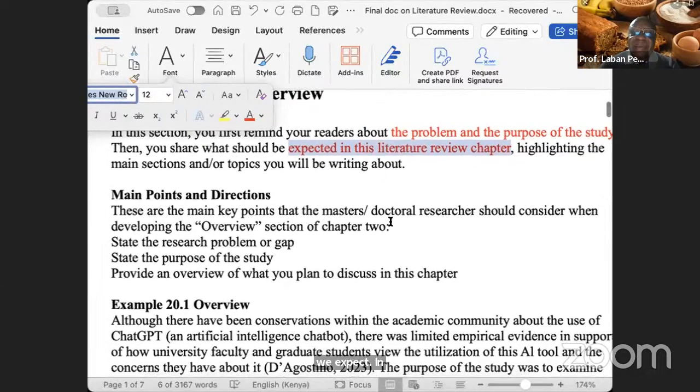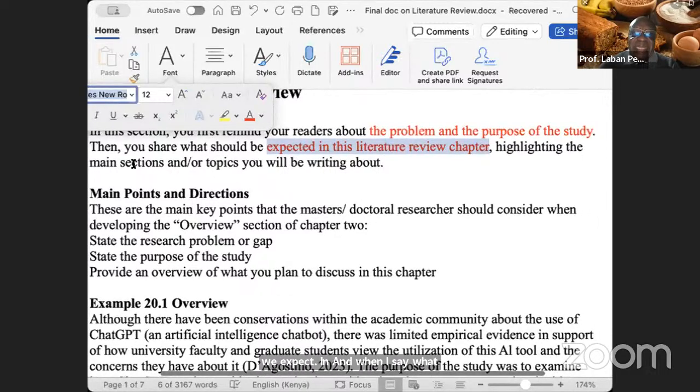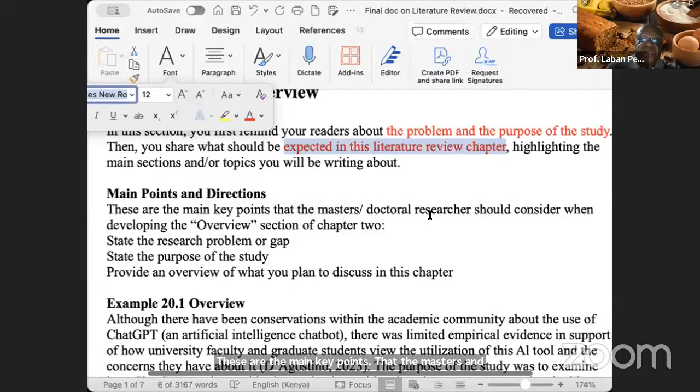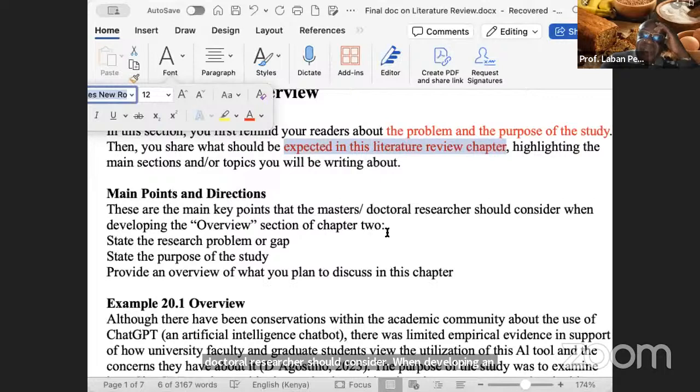You highlight the main sections and topics you'll be writing about, the main points and directions. These are the main key points that the master's and doctoral researcher should consider when developing the overview section of chapter 2.